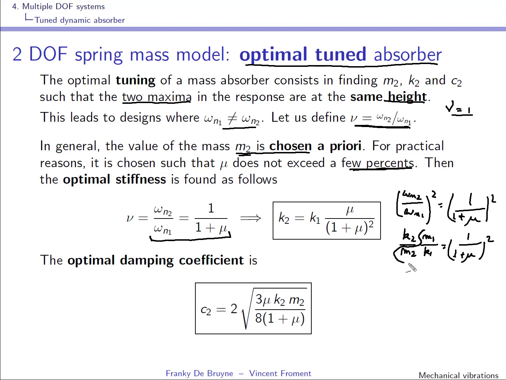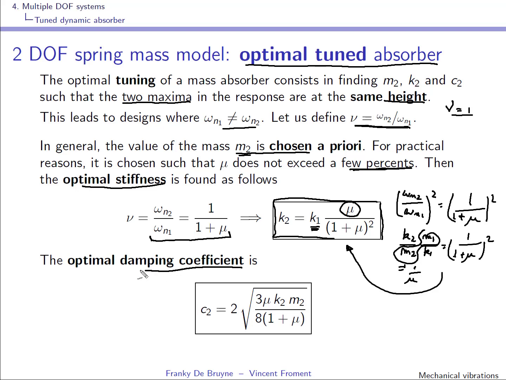Okay, this thing here is 1 over mu, so this leads you to this equation, right? So with this method, once you have fixed m2, you have fixed mu, you have the k1 from your primary system, and this allows you to compute the optimal stiffness. Okay, and there is also a formula to compute the optimal damping coefficient using this formula. You notice that everything in here is known now.